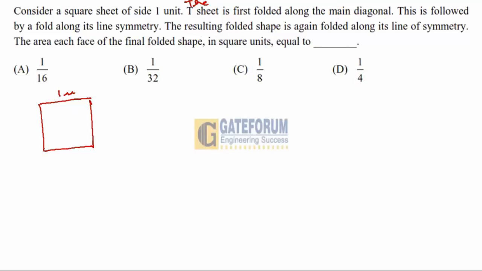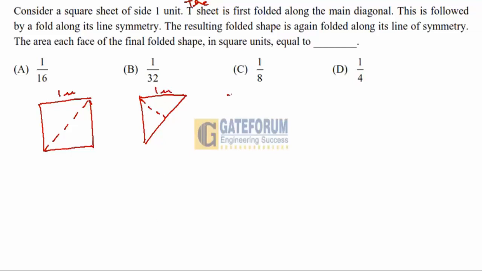So it is first folded along the main diagonal. This is followed by a fold along its line of symmetry. So once you fold it along its diagonal, it becomes like this. So the line of symmetry of this is this part. Okay. So it is again folded like this.